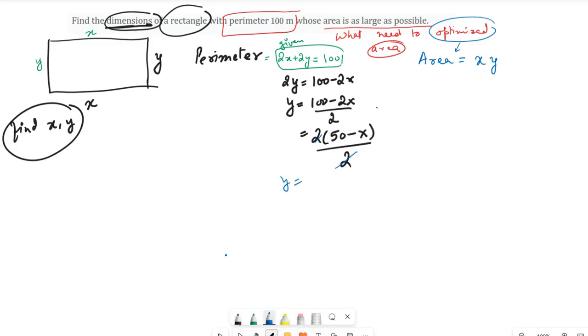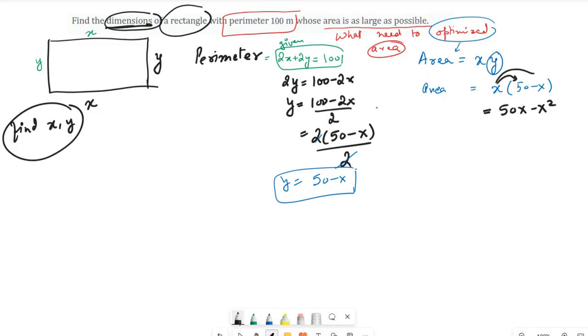So y is basically 50 minus x. I will put this y here. That means my area is equal to x times (50 minus x). This is a single variable function, 50x minus x squared, by distributing x inside.